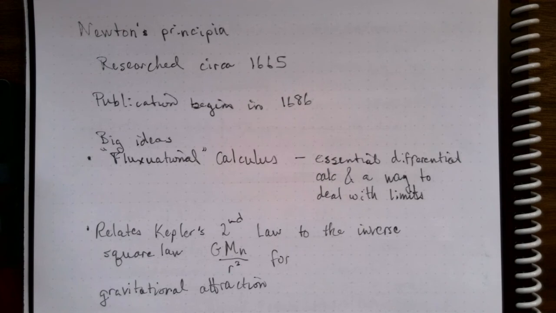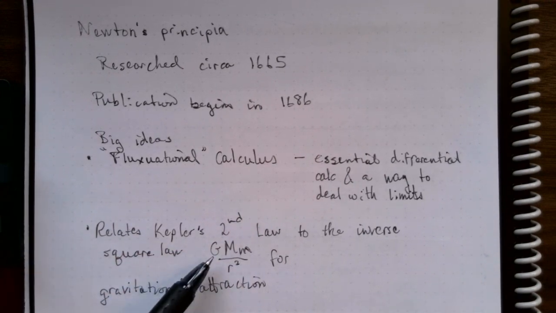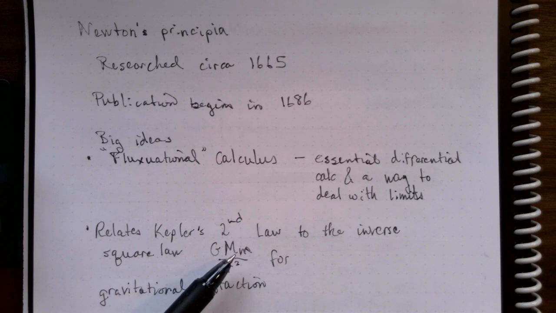And the other thing is that he relates Kepler's second law to the inverse square law for gravitational attraction. So the inverse square law for gravitational attraction says that the gravitational attraction between any two objects in the universe is the product of a constant, the gravitational constant, times their masses, and it's inversely proportional to the square of the distance between them.